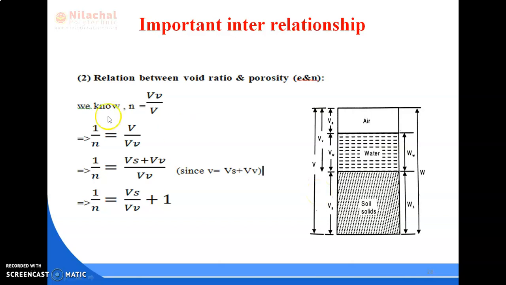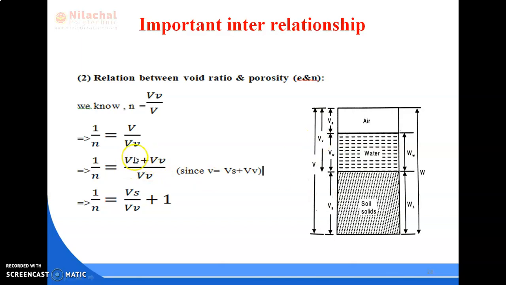So we know n equals porosity equals Vv by V, volume of void by total volume of soil, which implies 1 by n equals V by Vv. In place of total volume V, we can also write Vs plus Vv from the three-phase diagram.